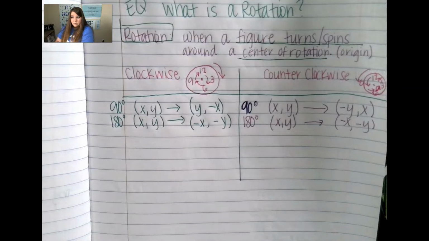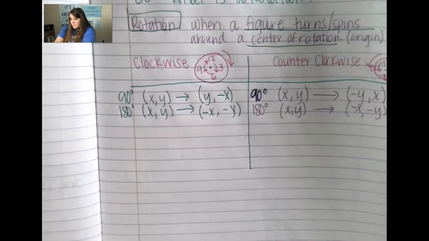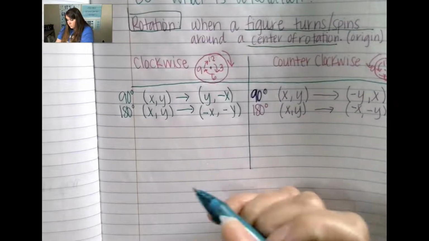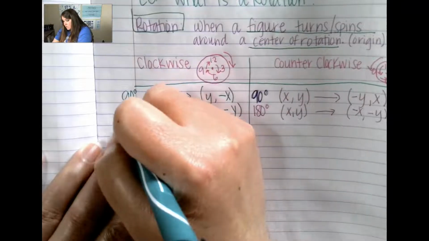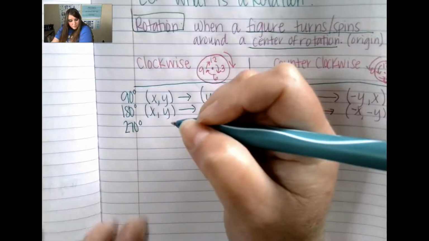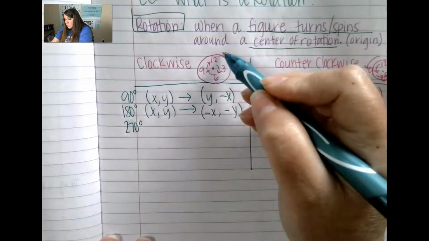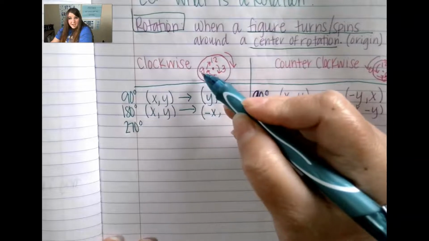of those values. Okay, our last type of rotation that we're going to look at is a clockwise rotation of 270 degrees. If I rotate 270 degrees clockwise, I'm going to go to 3, to 6, to 9.